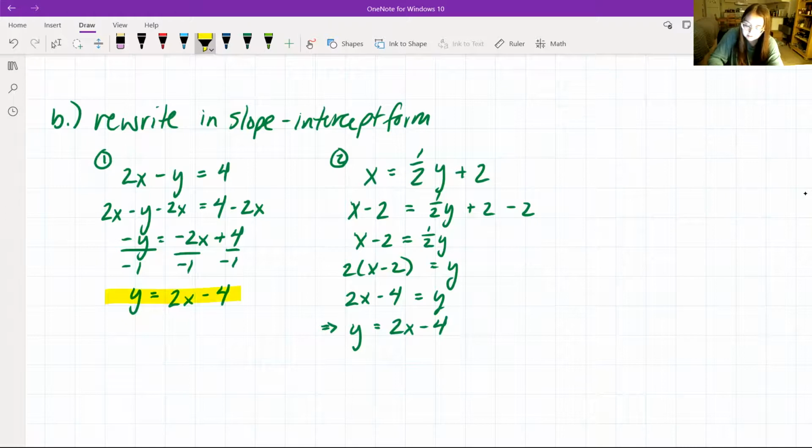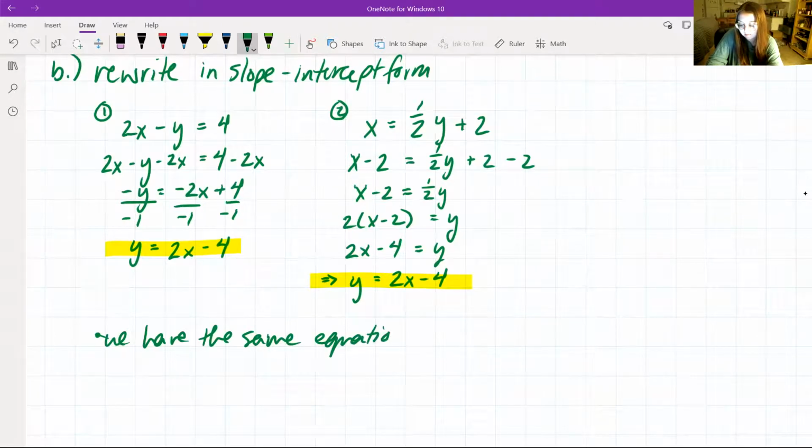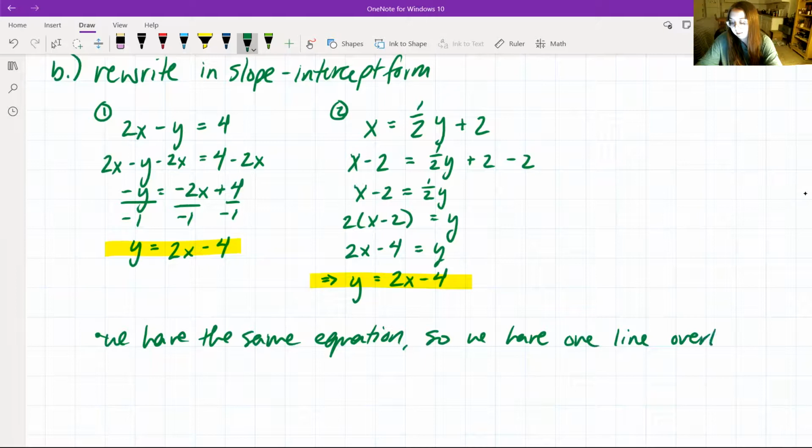So what we see here is that we have the same equation. Since we have the same equation, we have one line overlapping the other.